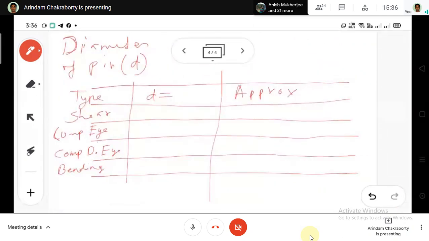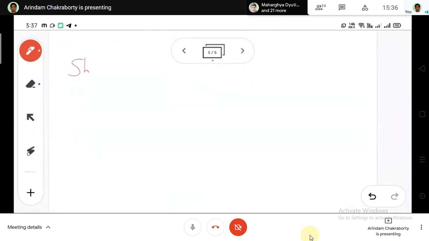Let me first go for the shear, then we'll put in all the values and find out the optimum value of D, the final value of D, which will tell us which value of D is suitable for our drawing. For shear, it is given that tau is equal to P by 2 times area.